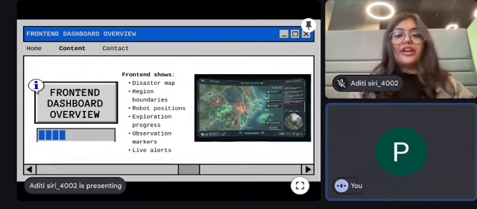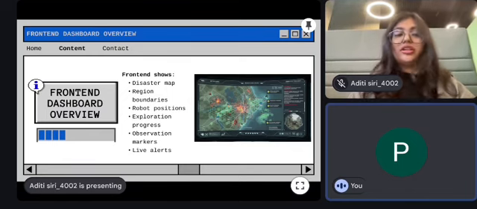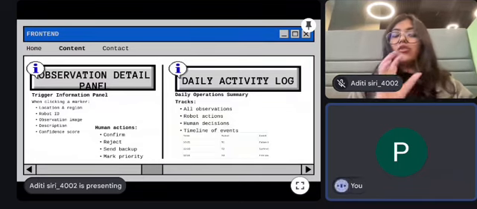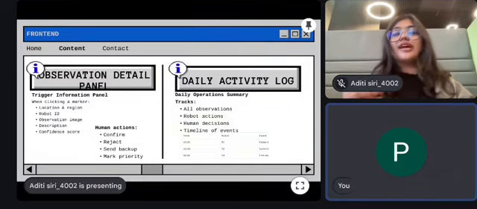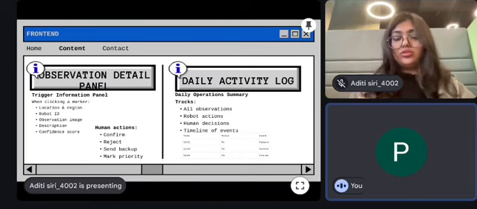Then comes the front end. In the front end, we actually deal with the disaster map: region boundaries, robot positions, exploration progression, observation markers, and live alerts. We have map visualization, and we have observation details. We also track the daily activities of the operations that we dealt with through these robots.